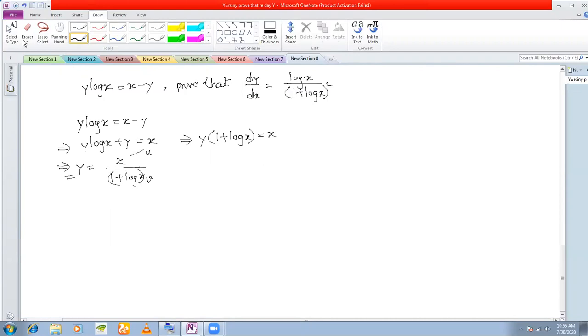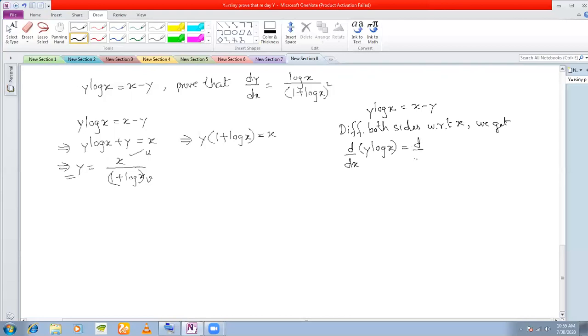But since we are discussing implicit functions, I'll do it by differentiation of implicit function, differentiating both sides with respect to x. d/dx of y log x is equal to d/dx of x minus y.